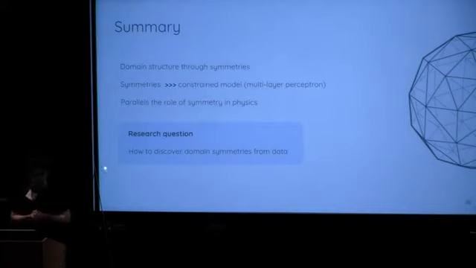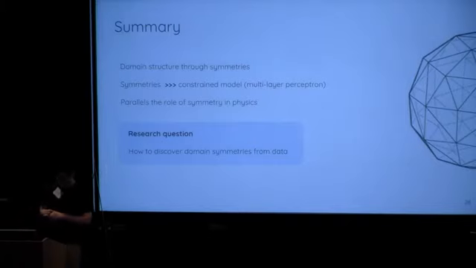Okay, and I was asked to give a research question. In all of these talks that we've been hearing about equivariance and invariance, what we assumed was that we know the group, we know the symmetry of our data, our domain. But in many cases, we may not know that, and actually the goal might be to find those symmetries.